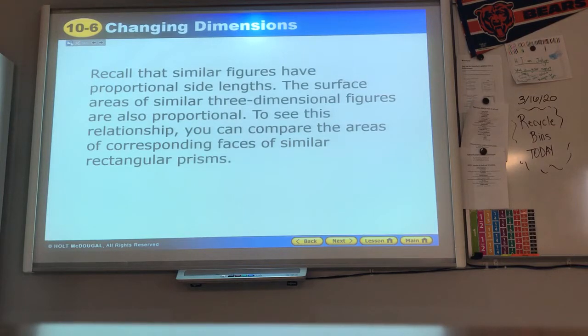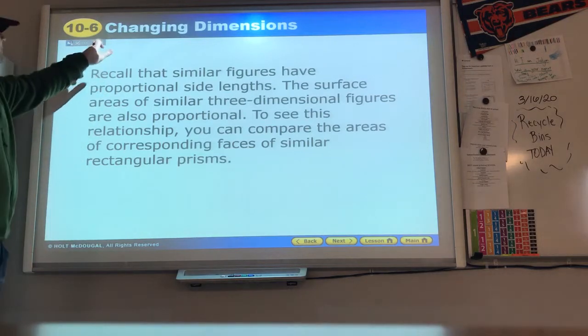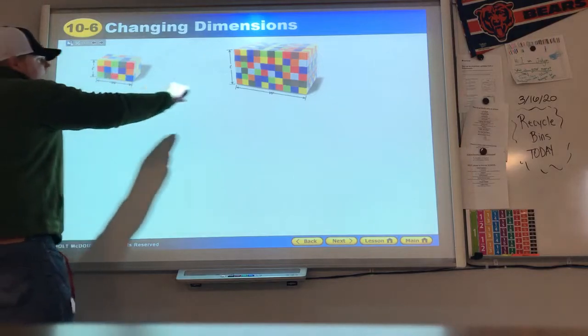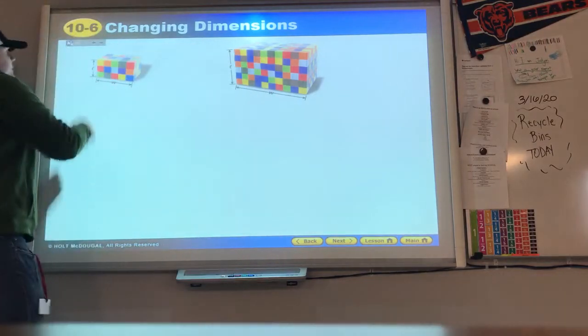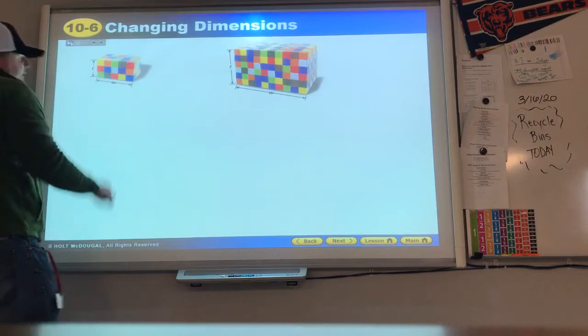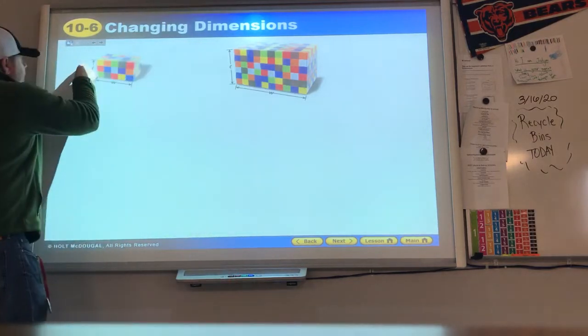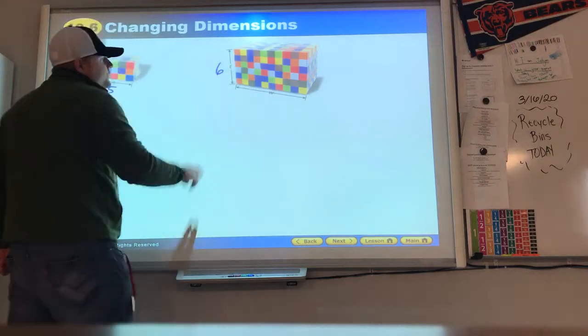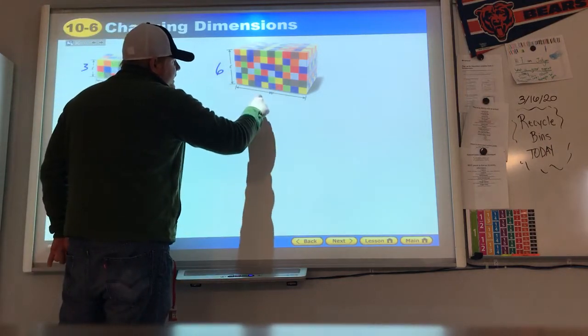To see this relationship, you can compare the areas of corresponding faces of a similar rectangular prism. So, we're going to look at just this front face and that front face. This one you can see is 3 by 5. This one, 2, 4, 6, 8, 10, so 6 by 10.